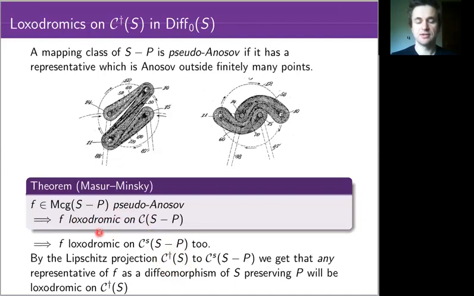If you pick your representative diffeomorphism of the pseudo-Anosov really badly, then the asymptotic translation length on C dagger can in fact be way bigger than the asymptotic translation length of the isotopy class on the curve graph of S minus P. So this inequality is by no means sharp. So that's where our loxodromics will come from.